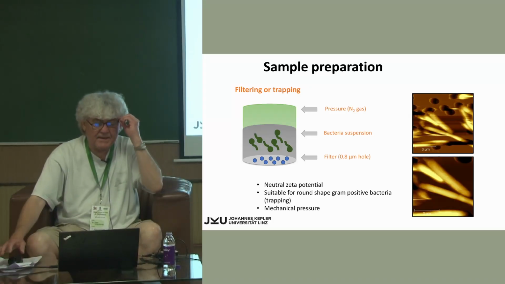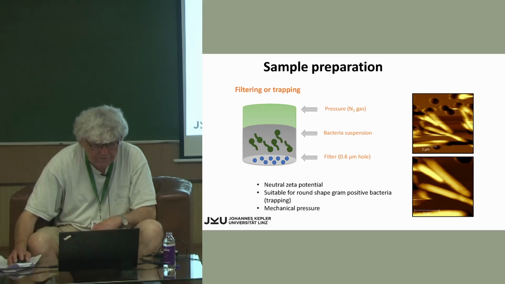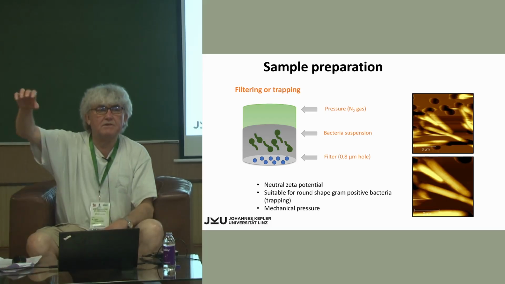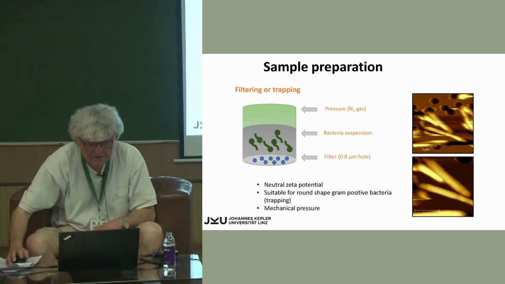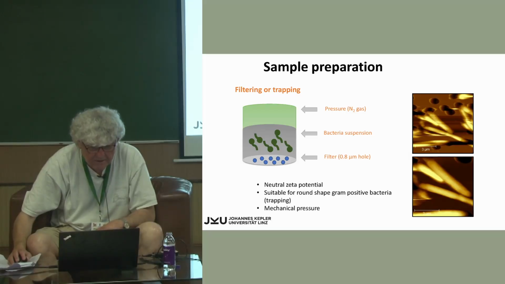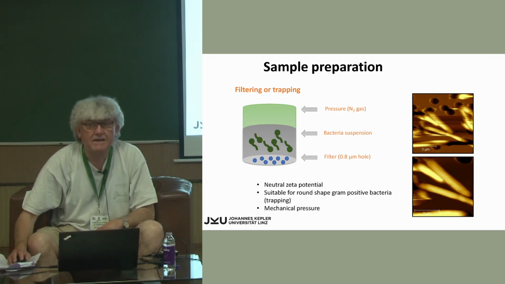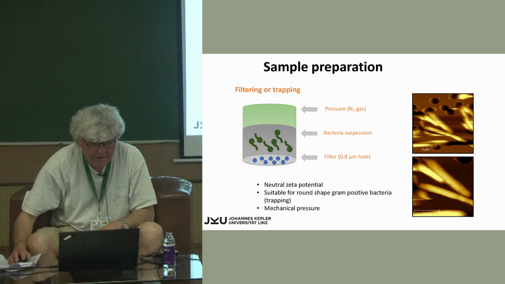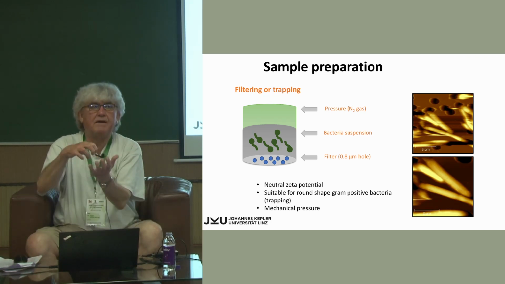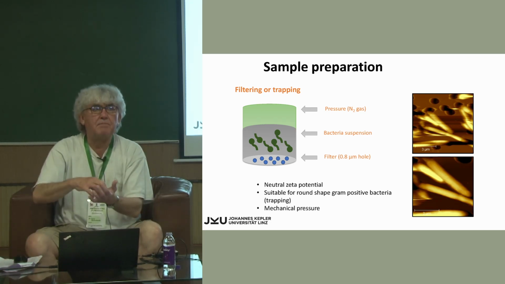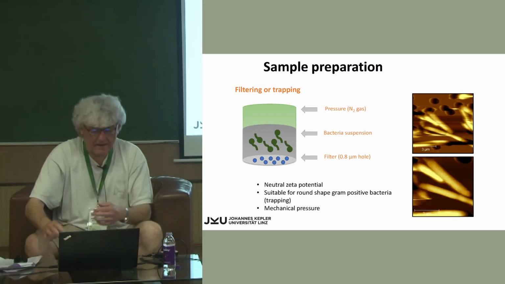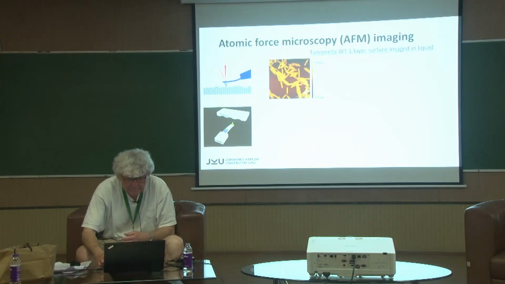Another possibility is to filter or trap bacteria, like to trap them in holes. That can also be done, which is particularly suitable for round-shaped gram-positive bacteria, for instance. And you can even put them more tightly down by applying mechanical pressure in holes.